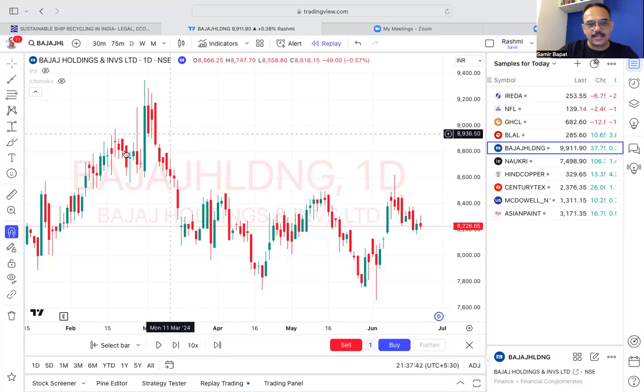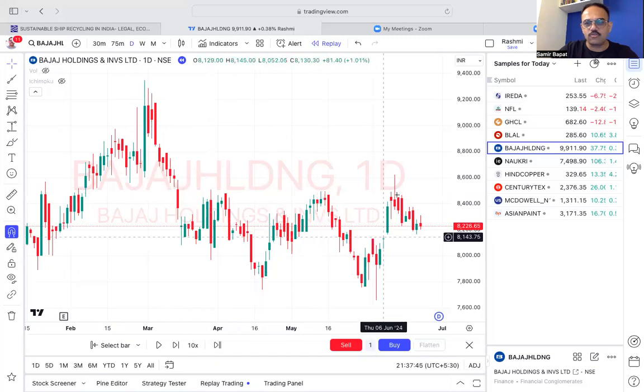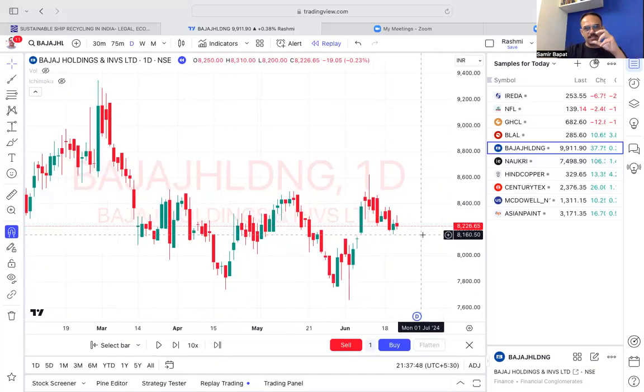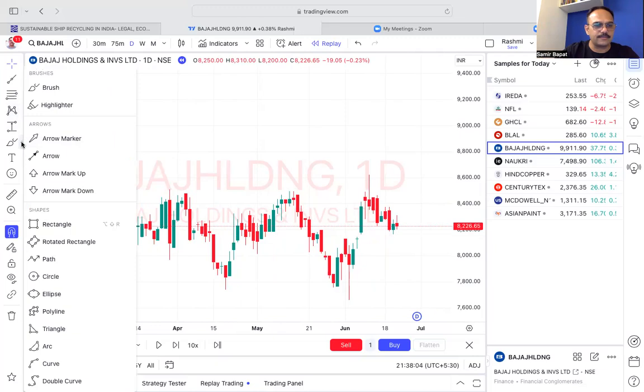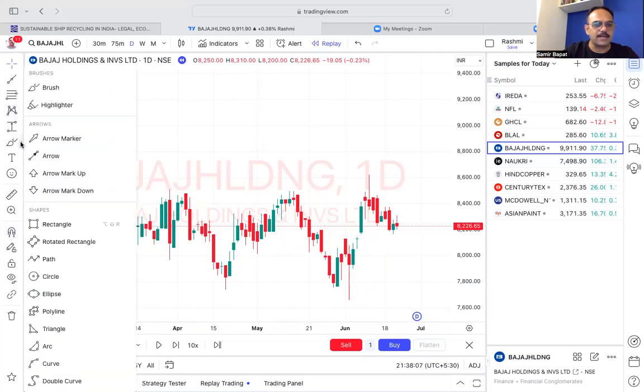Like here in the case from April, it is going up, coming down, going up, coming down, going up, coming down. Now, when we see this price, we have to tune our eyes to see if it is moving inside a box. This comes with practice. Of course, you have to practice a lot. Let's say we pick up a rectangle here.